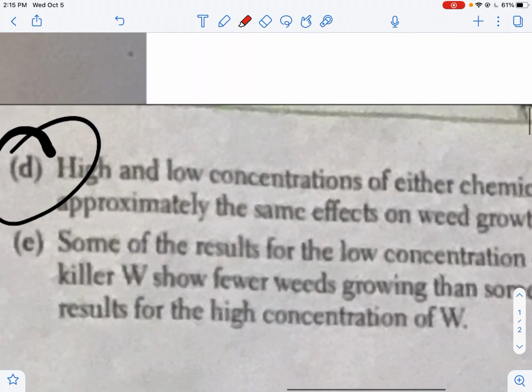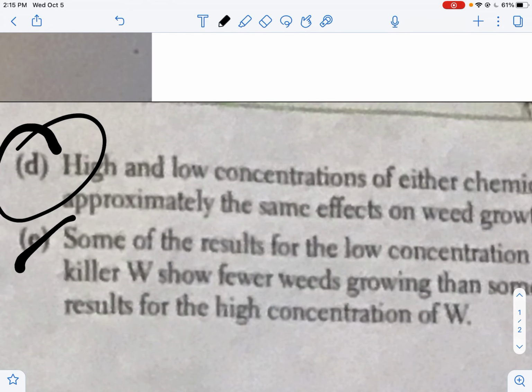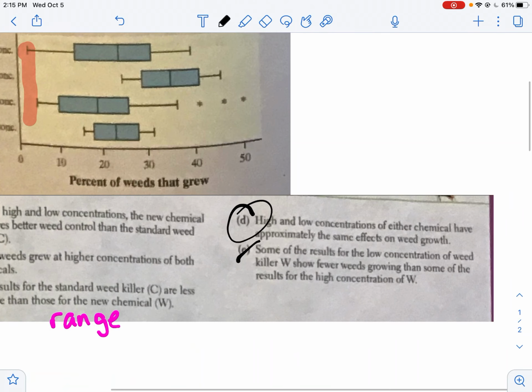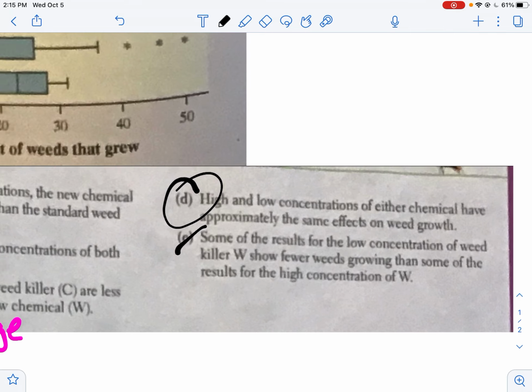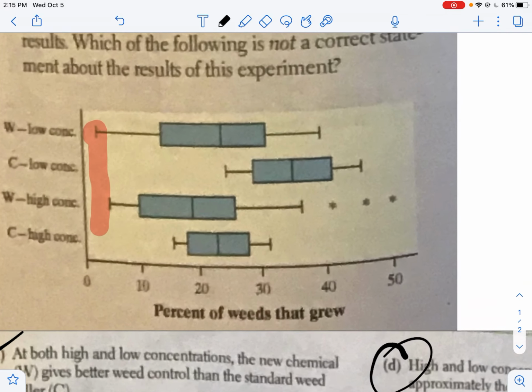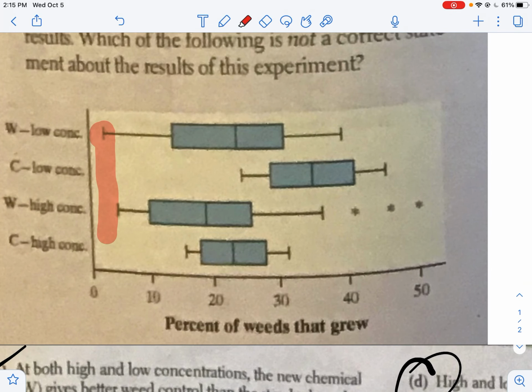So that's true for E. Our answer for this would be D. What's the reason? It says high and low concentrations of either chemical have approximately the same effect on weed growth. I can't say that, because for the weed killer C, those ranges are quite a bit different. I'm not getting a lot of overlap here. Not much overlap, so that's definitely not true.